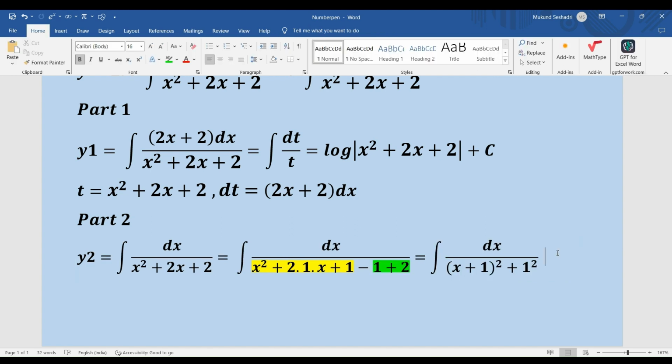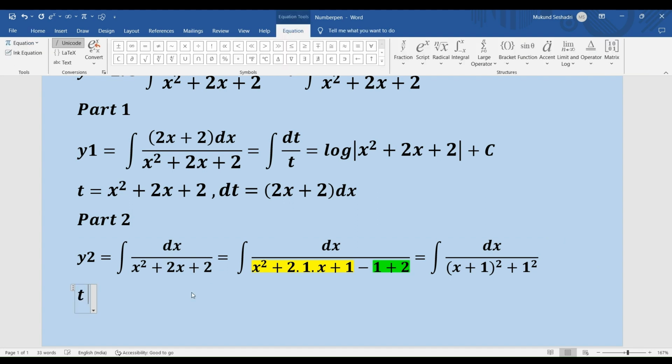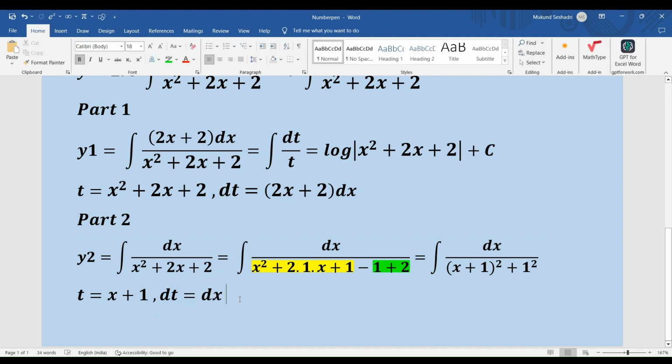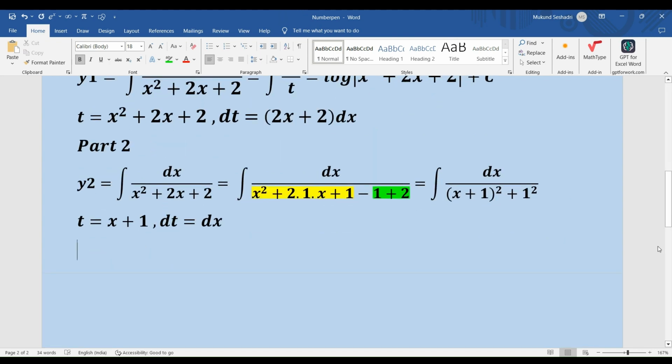Now you see I've brought it to the form integral of dx by (x plus or minus a) the whole square plus b square, where a and b are constants. In this particular case, you have them as 1. Now let me make the substitution t equals x plus 1, which means my dt becomes equal to dx, right? Now when I go back to my y2 and put back everything in terms of t, what do I get?